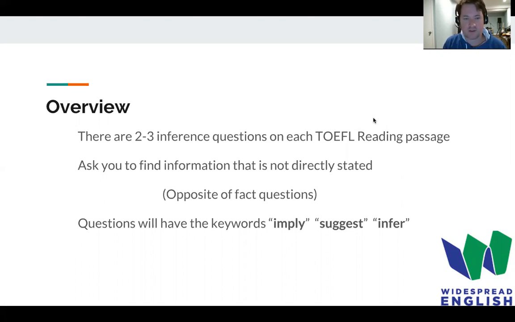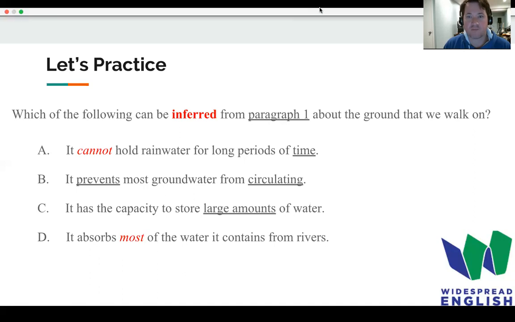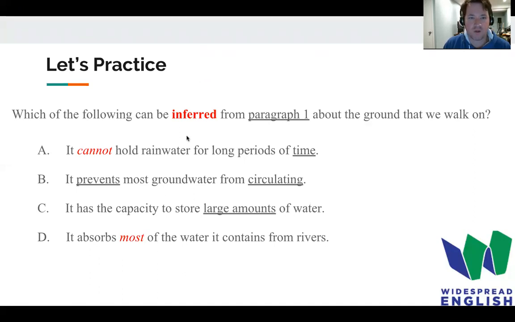So let's do one together, and this is kind of the best practice that we have. So this is our question. Which of the following can be inferred from paragraph 1 about the ground that we walk on? Okay, so we can see here you have inferred. There's our keyword. We know it's an inference question.